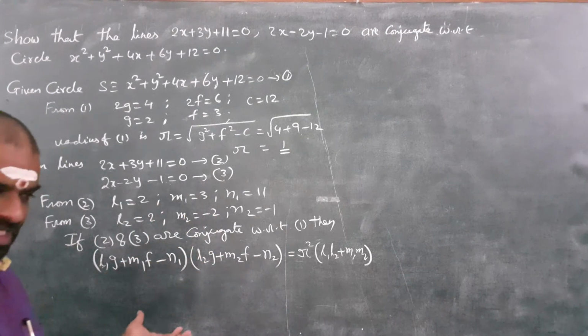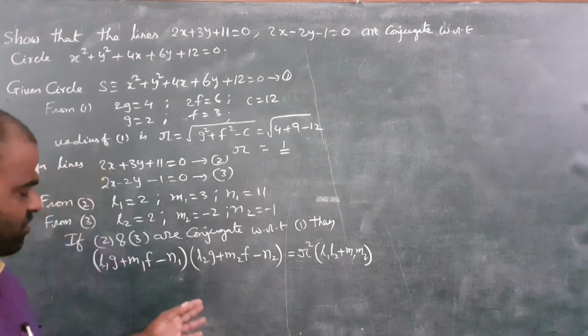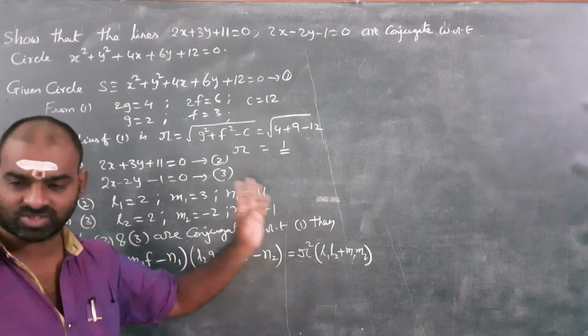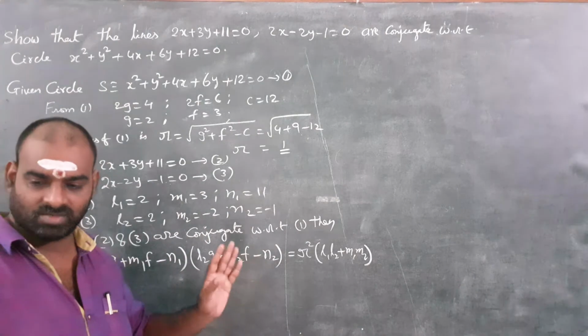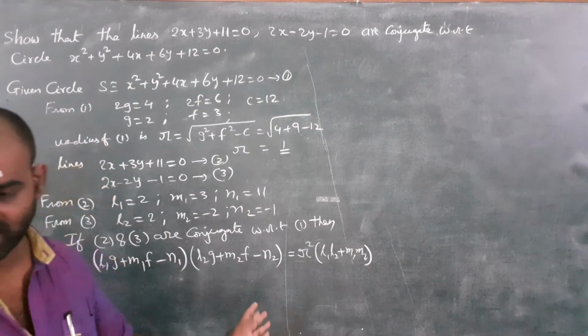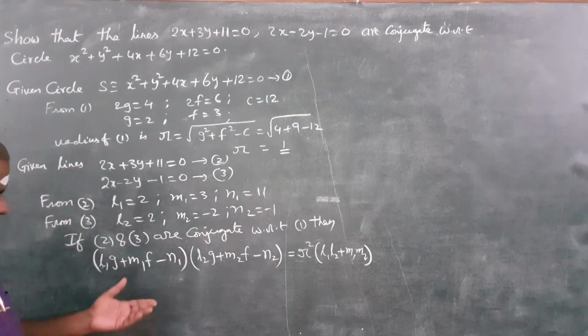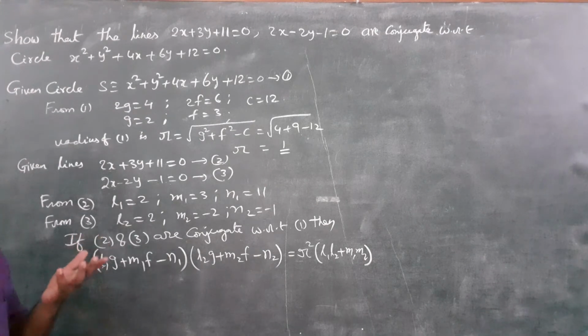If you get the same value on both sides, then the condition is satisfied. If this condition is satisfied, then the given lines are conjugate lines. It is very simple. So you have to substitute here.